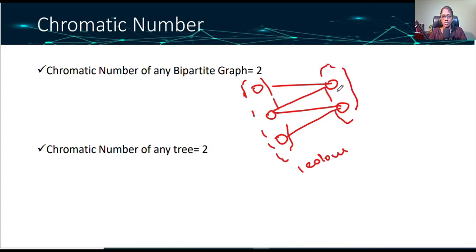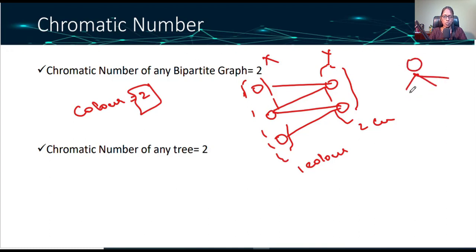Set X should not connect with set Y. So the chromatic number of any bipartite graph is always 2. Only 2 colors are required for any bipartite graph, and for the tree data structure also it is always 2 colors.